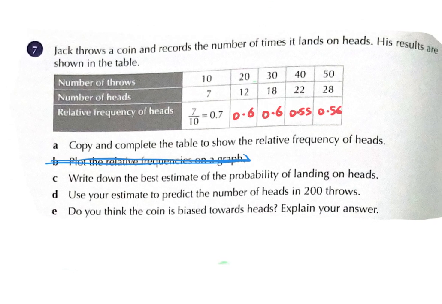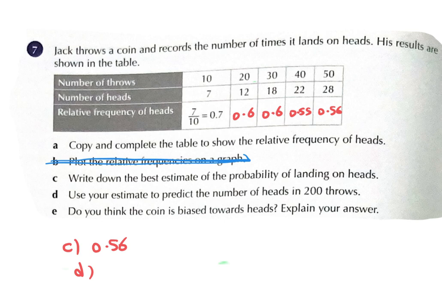Now for C, write down the best estimate for the probability of landing on heads. The best estimate? 0.56. Okay, so the answer for C is 0.56. D, use your estimate to predict the number of heads in 200 throws. 112.